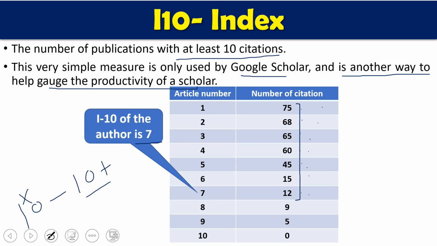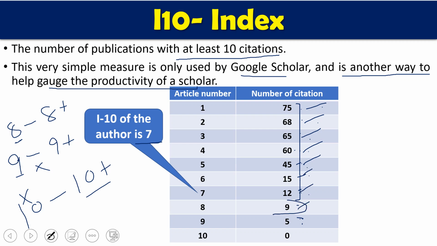Then come to 9. For a 9 H index, he requires a minimum of 9 papers with 9 plus citations. So 1, 2, 3, 4, 5, 6, 7, 8, 9. That is also not possible because the ninth paper has only 5 citations. Then the 8 H index. For an 8 H index, he requires 8 papers to be cited minimum 8 or more times. So 1, 2, 3, 4, 5, 6, 7, 8.